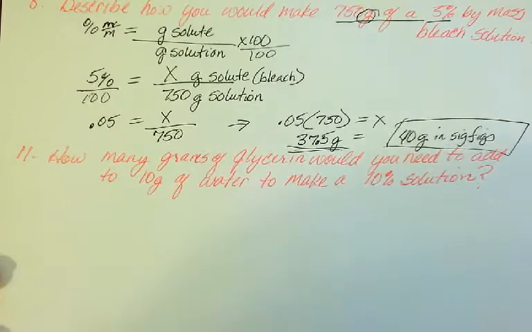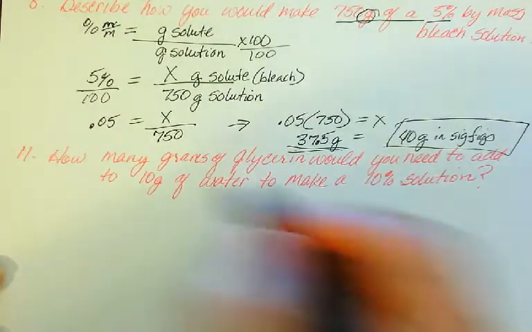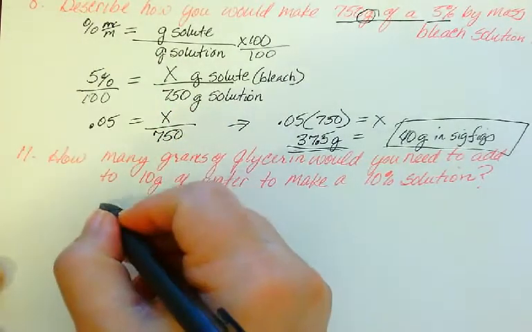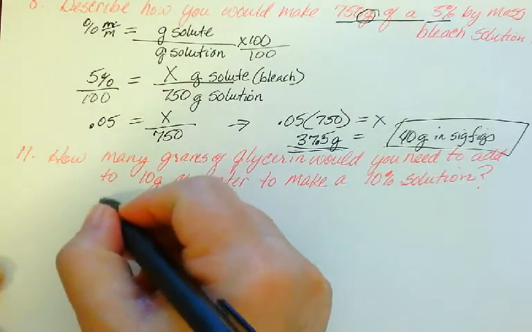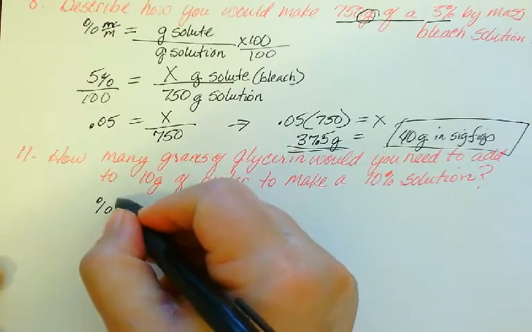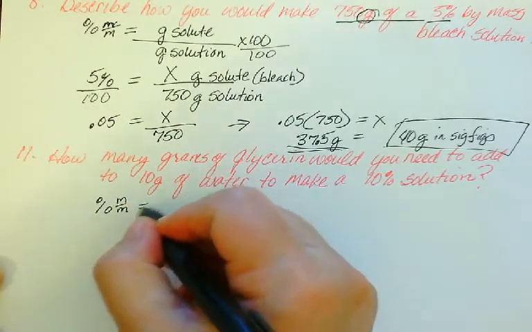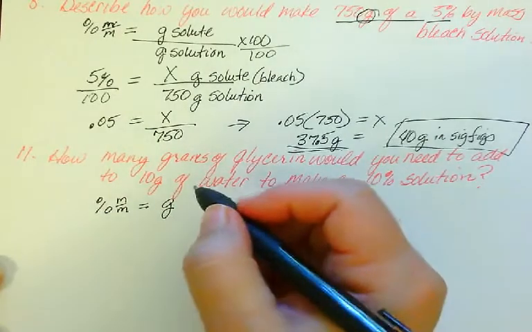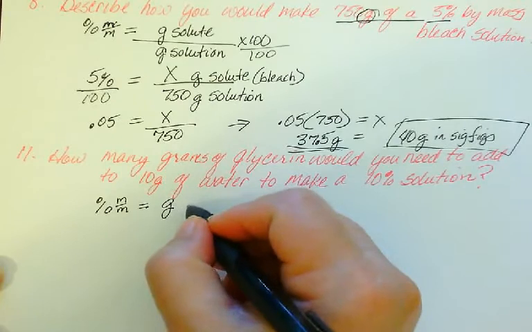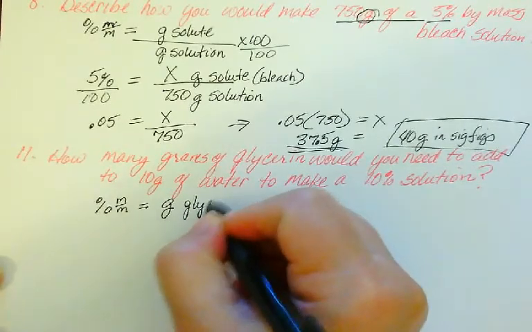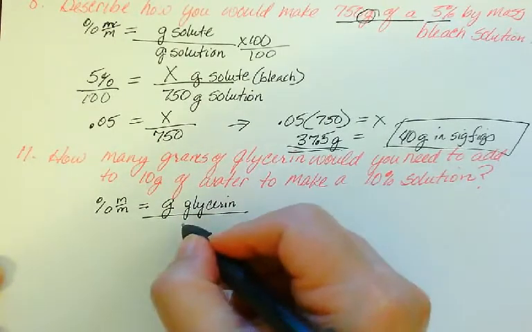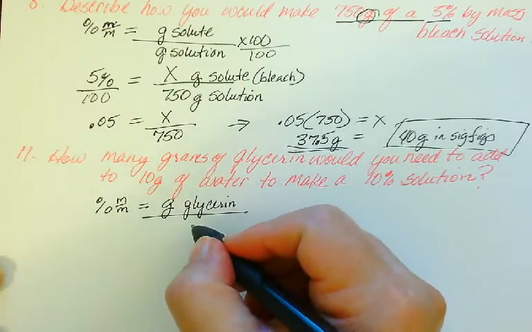Again, same equation as what we've used above. It's asking about mass, so mass over mass. In this case, we want to know grams of glycerin, our solute, over grams of our solution.